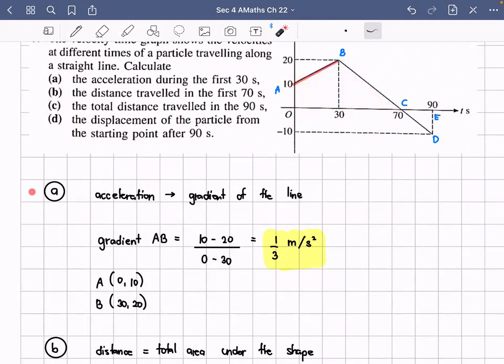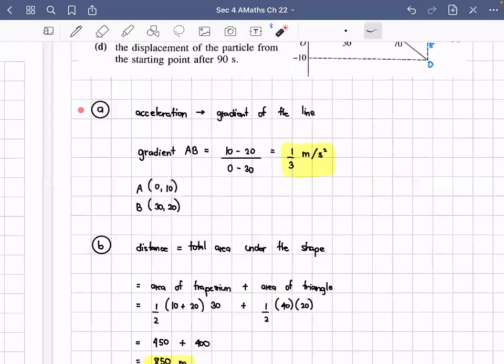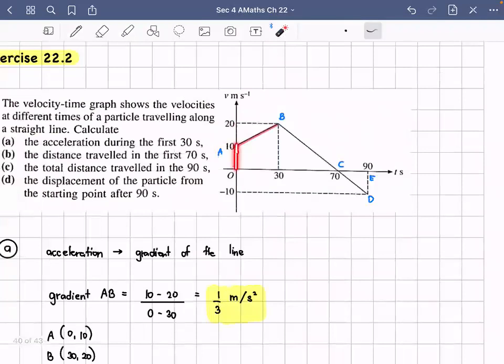The distance is equal to the total area under the graph. Basically, class, this is a trapezium. If you rotate your phone or device to your right, it will look like this.